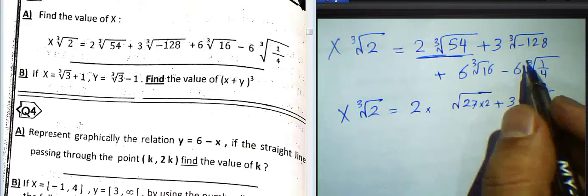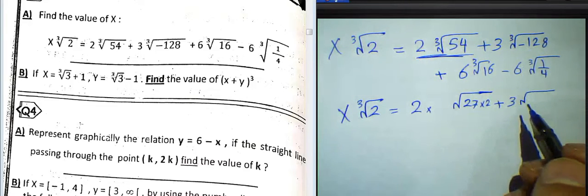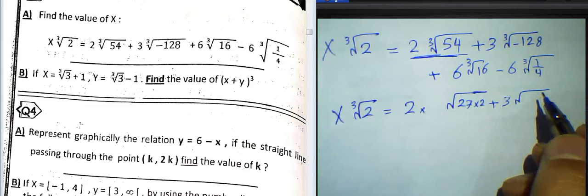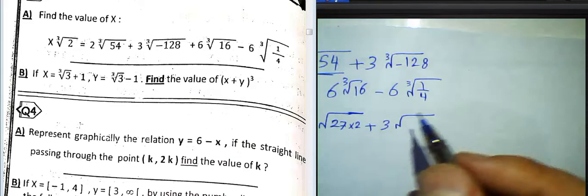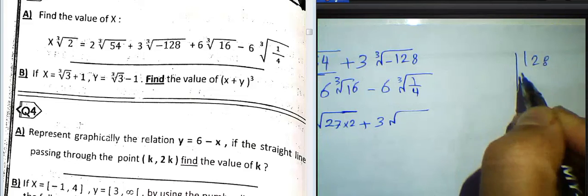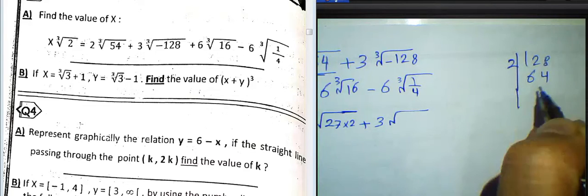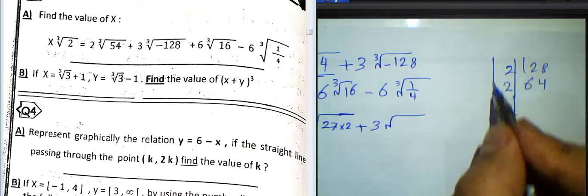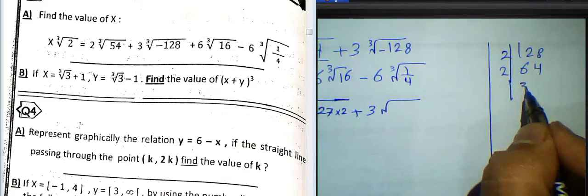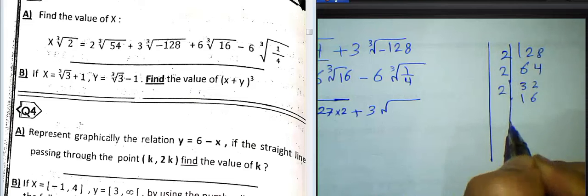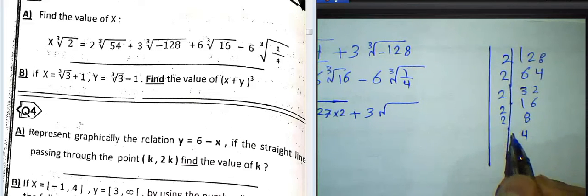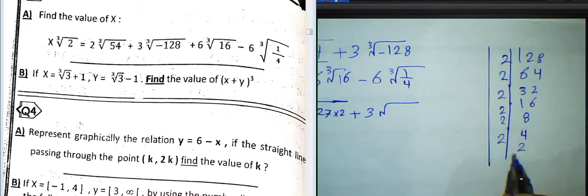We can factorize 128 to find the result. 128 divided by 2 equals 64, divided by 2 equals 32, divided by 2 equals 16, divided by 2 equals 8, divided by 2 equals 4, divided by 2 equals 2, divided by 2 equals 1.